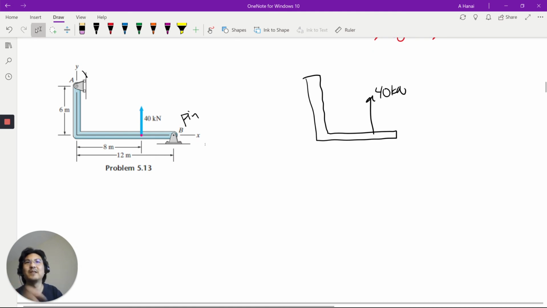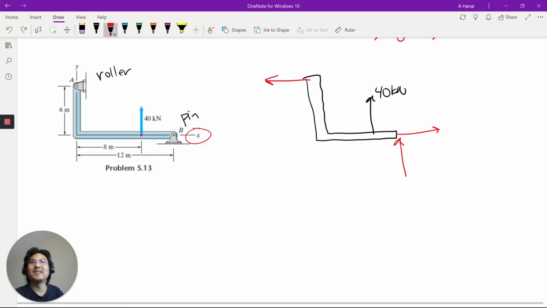So this roller can only provide one force normal to the surface like that. But the pin can go like this. So the coordinates are here already. Right, so this is X, and this is Y, and then I'll just call this A for the roller.